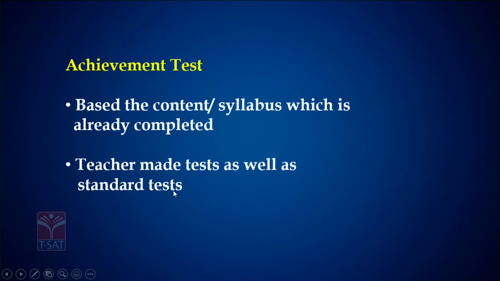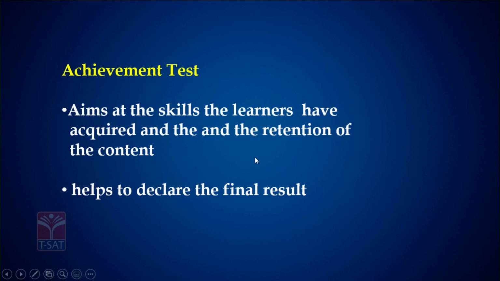So, an achievement test can be teacher made as well as standard, and it aims at the skills the learners have acquired and the retention of the content, and it helps to declare the final result. So, the end of an achievement test is awarding marks or grades to the students after completing the course.